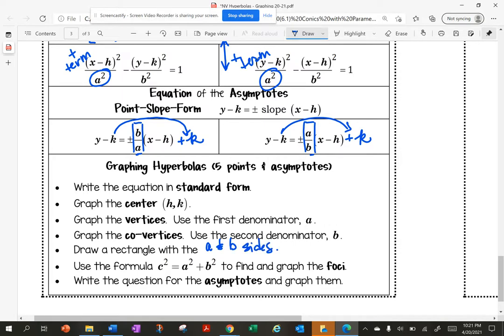And I'm going to use the formula c squared equals a squared plus b squared to find and graph the foci. And then I'm going to write the equation of the asymptotes and graph them.